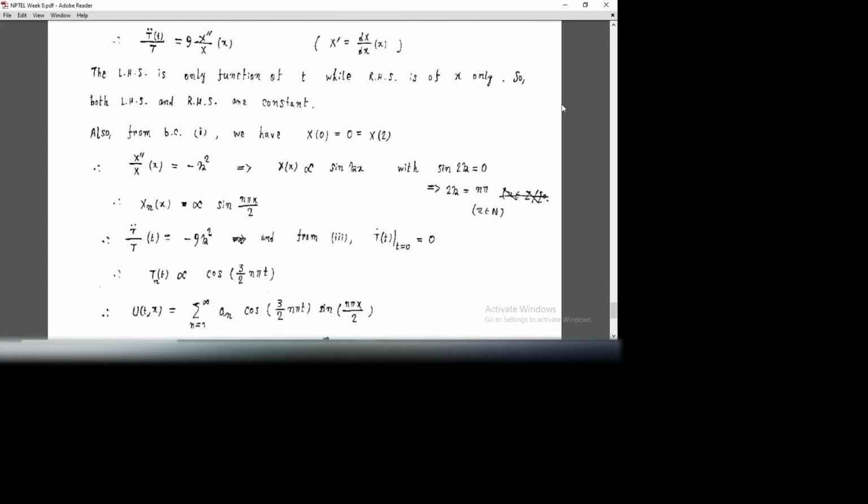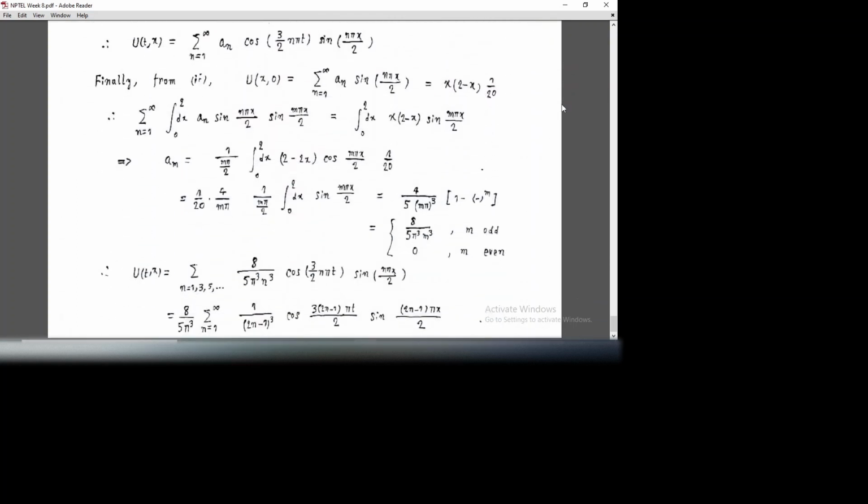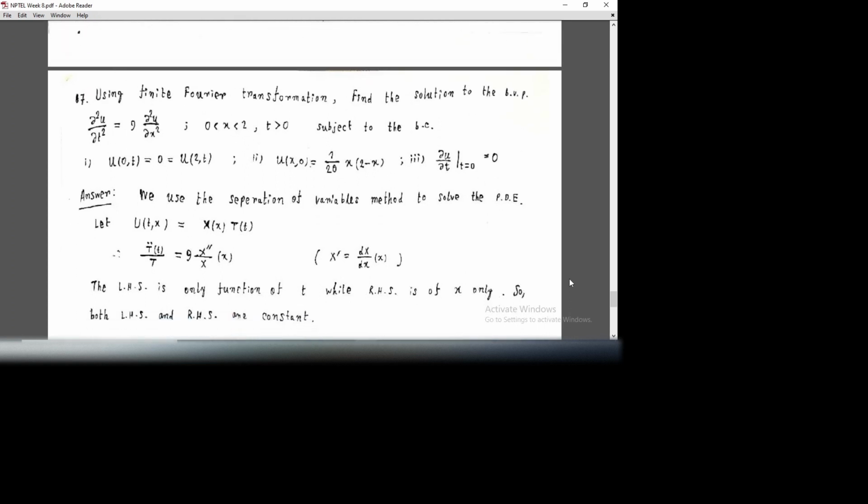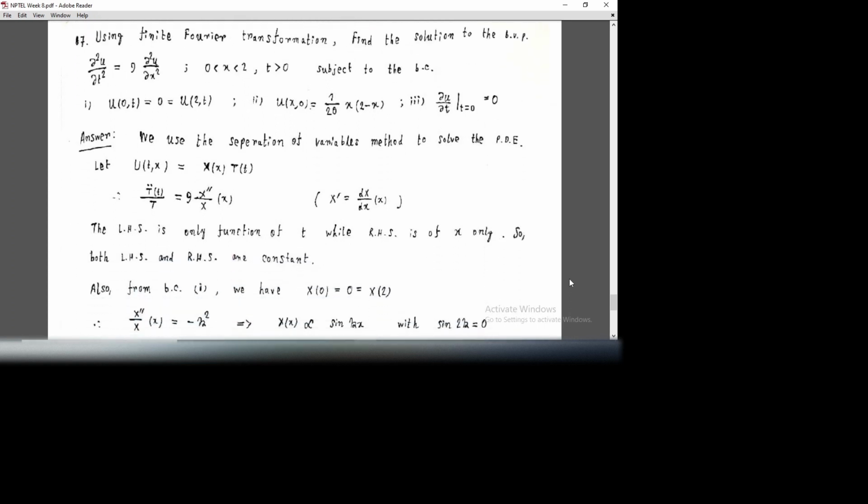You should get the final answer, this one. I am not explaining what I have done because I have used a different technique. This is called the separation of variables technique, a general technique to solve partial differential equations. But you should try this using the half range sine series.